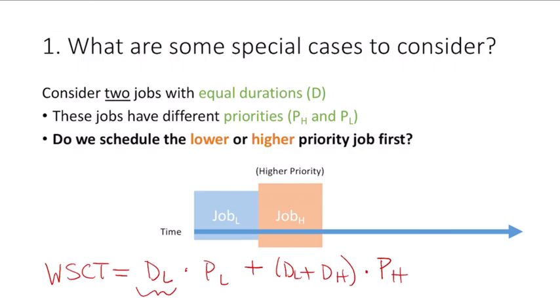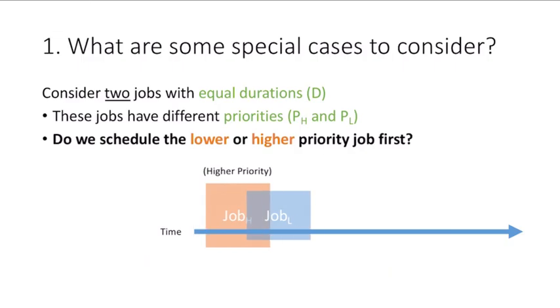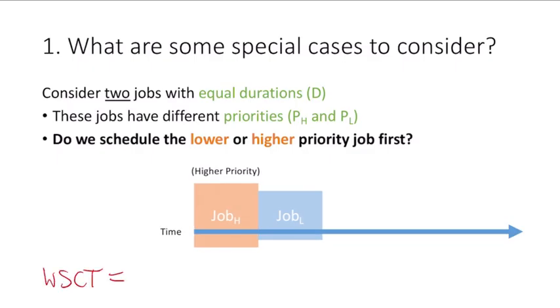How about when we swap the order of these two jobs? Our weighted sum of completion times is now going to be the duration of the higher priority job times the priority plus that. So which one of those is a better scenario?